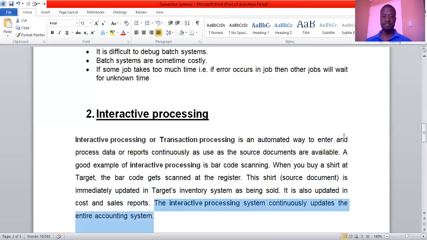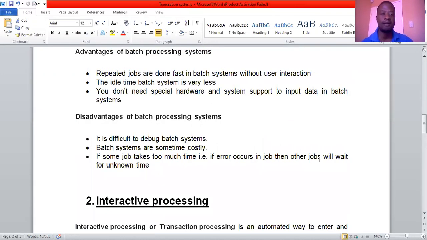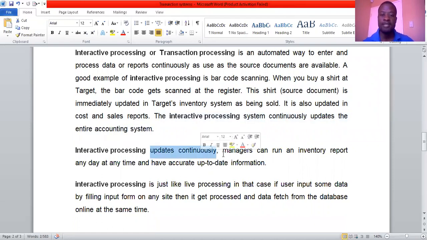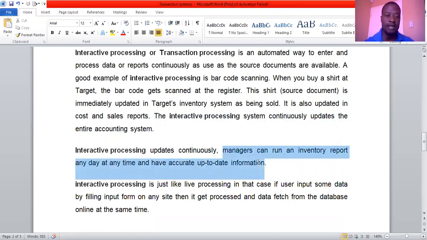So the interactive processing system continuously updates the entire accounting system. It keeps on updating. It doesn't have to wait for the whole day to end, or the whole week. It updates the system right on the spot. Managers can run an inventory report any day at any time and have accurate, up-to-date information.